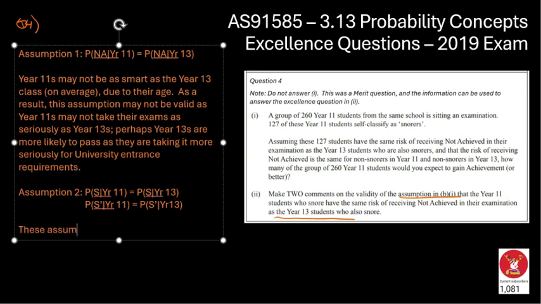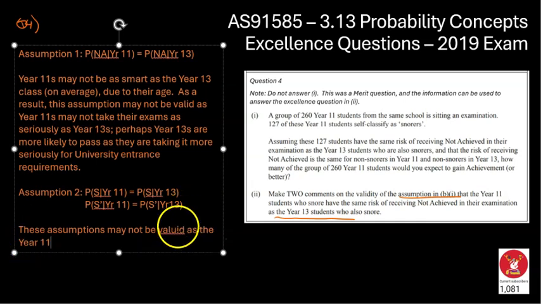So the assumption about the snoring being the same for the year 11s and year 13s may not be valid, as the year 11 snoring data is self-classified. I keep spelling valid wrong, I did that before, didn't I?